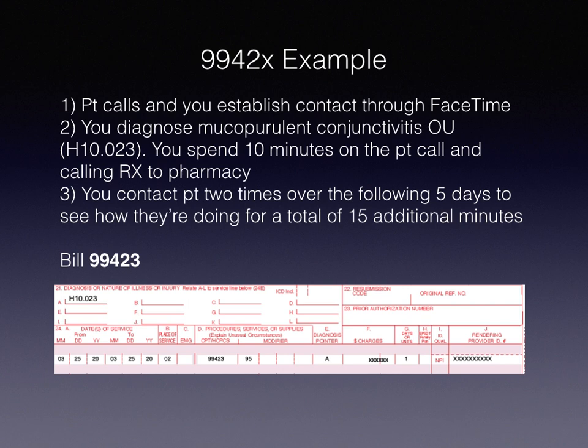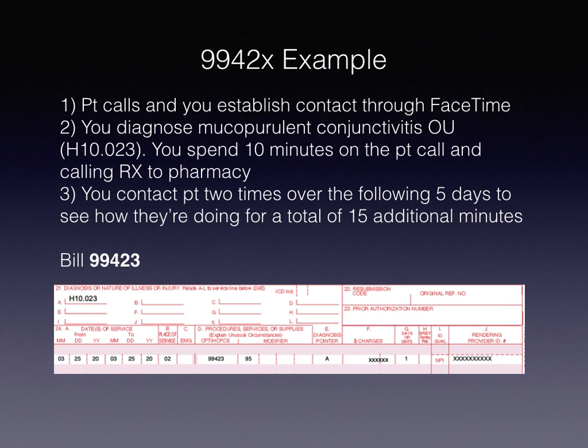But then you contact the patient 2 more times over the following 5 days just to check in to see how they're doing. And so the total time for those other 2 visits is 15 minutes. So you have an initial 10-minute visit, and then 2 other visits that total 15 minutes. So you have a grand total of 25 minutes that you've used for that patient's problem.